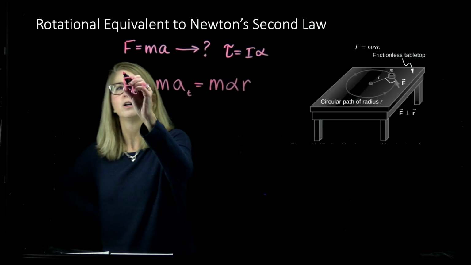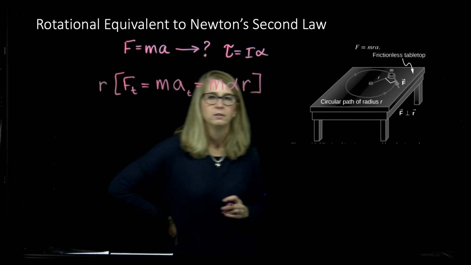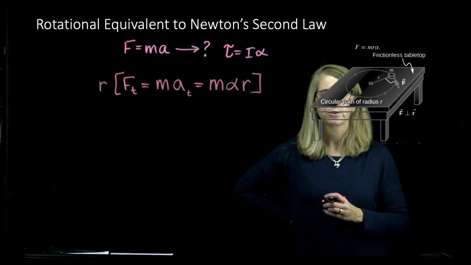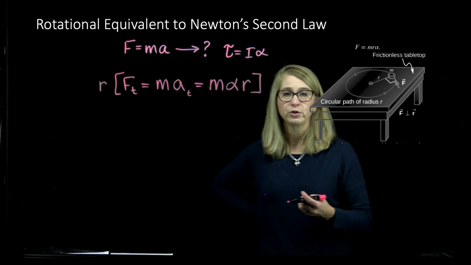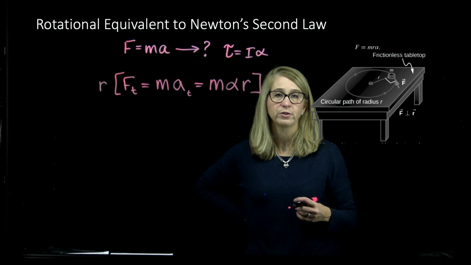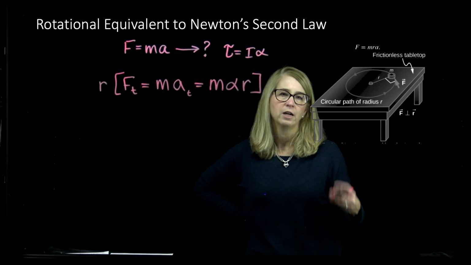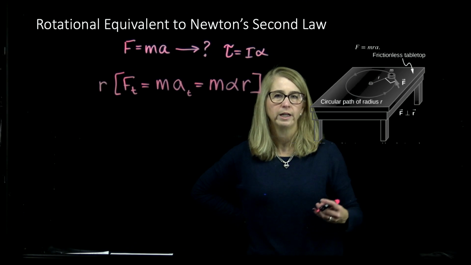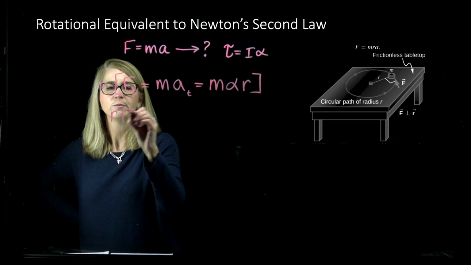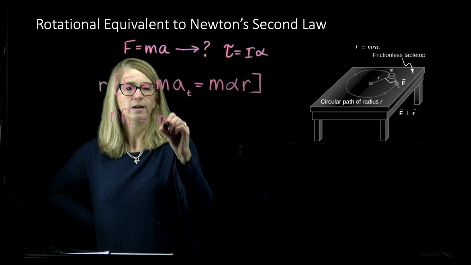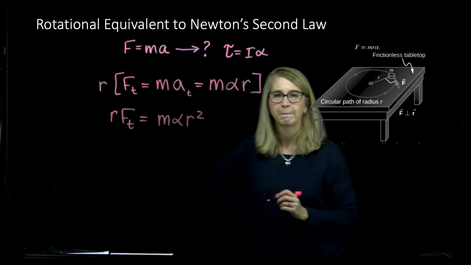So if I multiply this entire term by the radius, because in order to calculate the torque caused by this force, since it is perpendicular, we just have to multiply it by the radius, that would give us the magnitude of the torque, the radius times that tangential force. And so we'd have r times F tangential is equal to m alpha r squared. That's what we're left with right here.